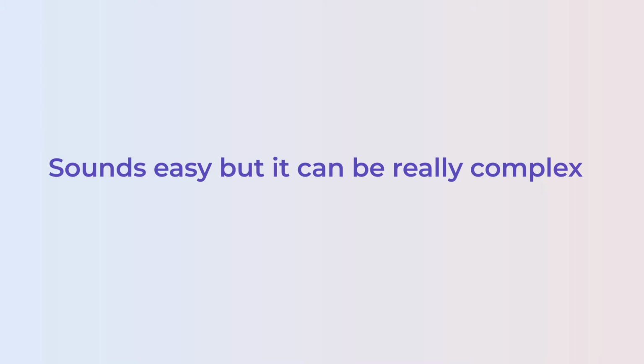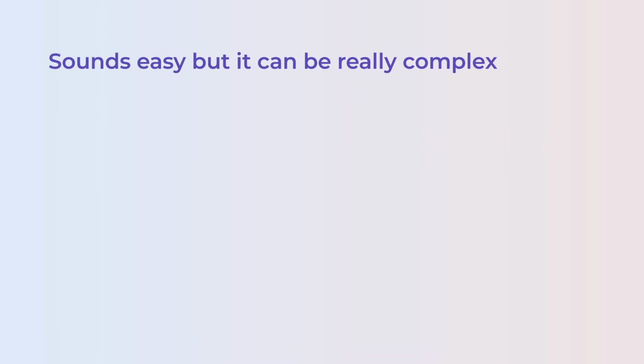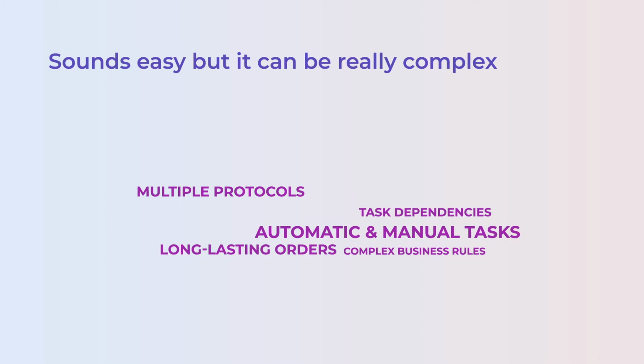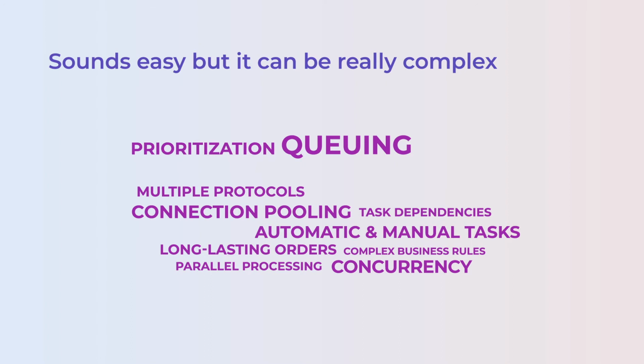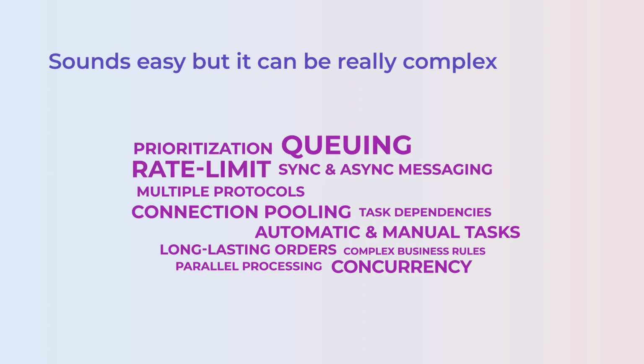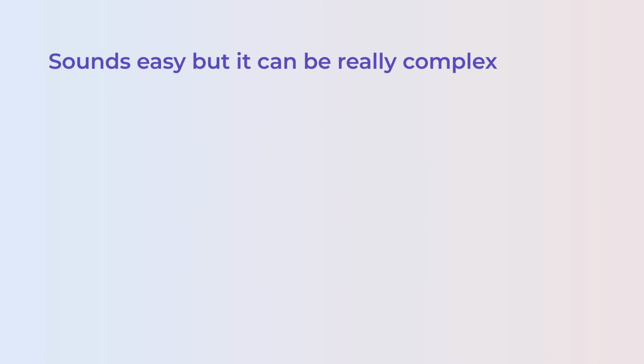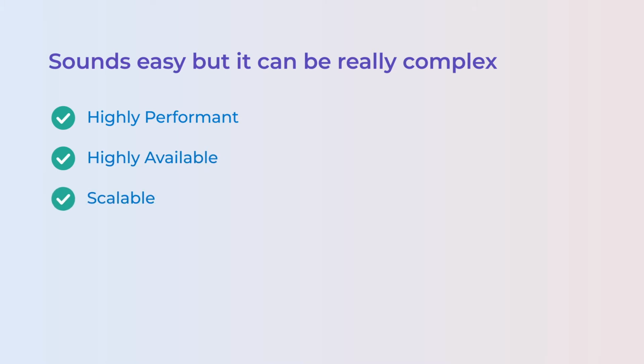In order to seamlessly and efficiently orchestrate the service activation process, Symphonica implements the following concepts: multiple protocols, complex business rules, long-lasting orders, automatic and manual tasks, task dependencies, parallel processing, concurrency, connection pooling, queuing, prioritization, rate limit, synchronous and asynchronous messaging, fallout management, rollbacks and compensations, and notifications, among others. Moreover, as if that were not enough, all this complexity has to be designed with a high-performant, highly available, and scalable architecture.